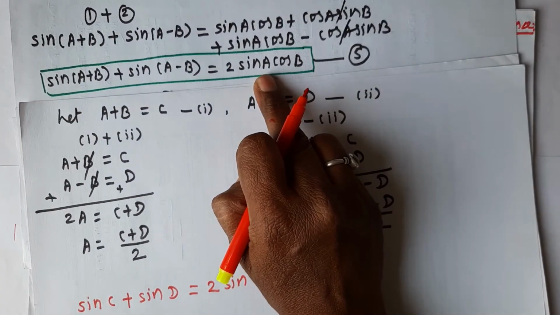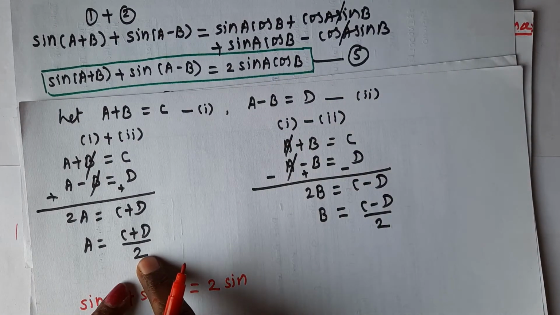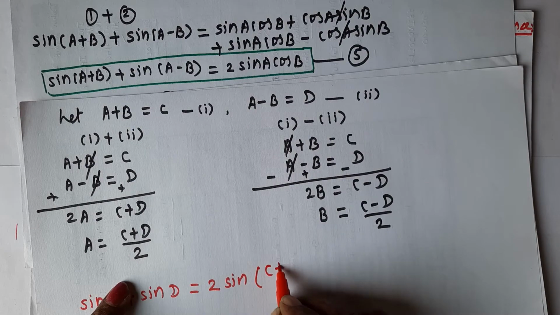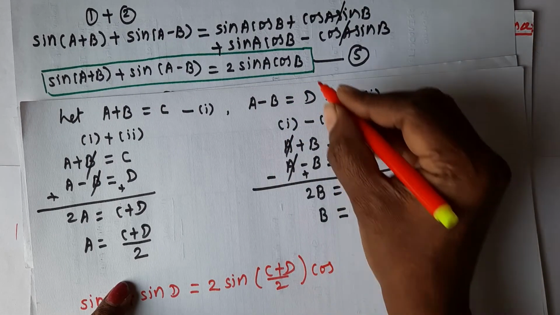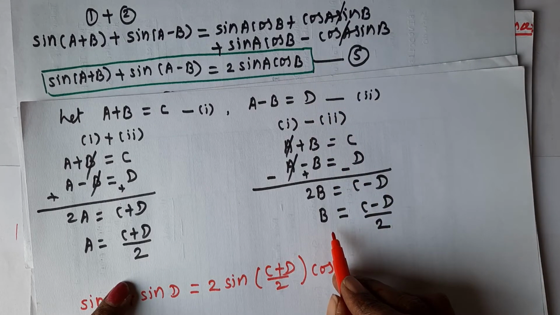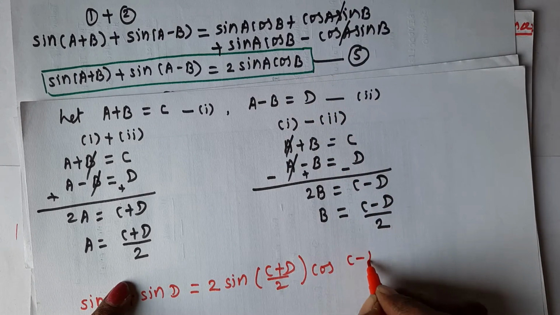What is value of a? Value of a is c plus d by 2. I will keep that c plus d by 2 into cos. What is value of b? Value of b is c minus d by 2.